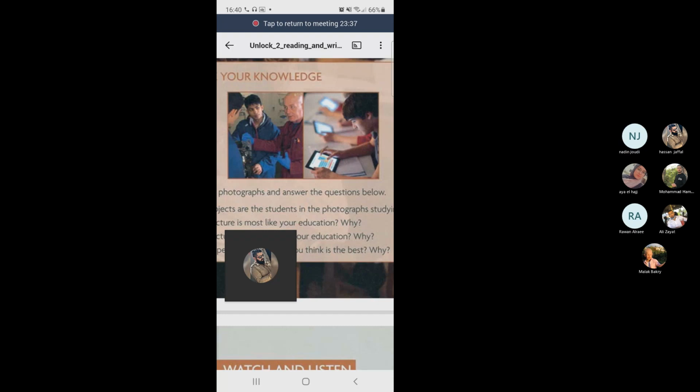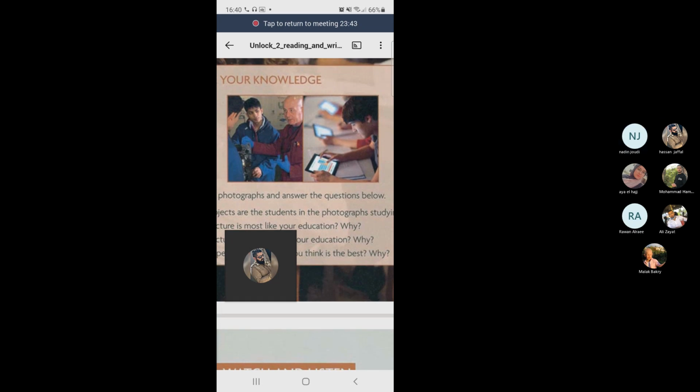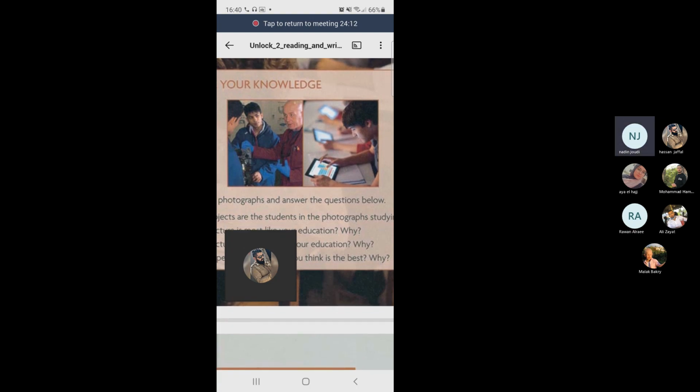They seem to be conducting research or preparing for their projects. They are Googling, searching for information, or reading articles, comparing information, analyzing information.